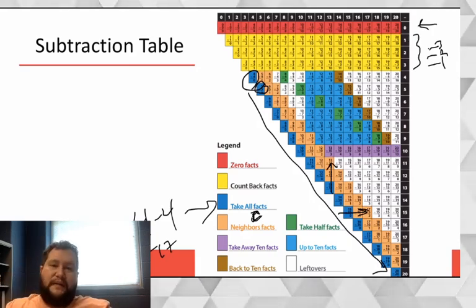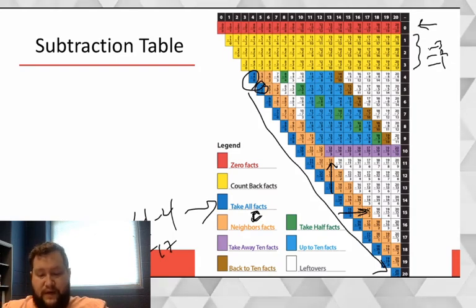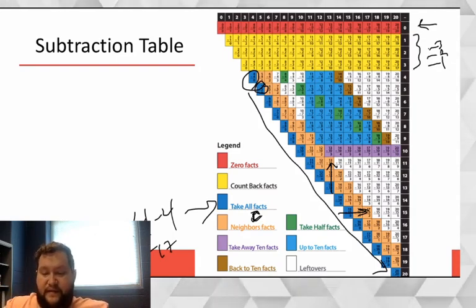And so going up in the table. But again, these different directions, these different choices are going to make different sense to different students, and we give them those options.